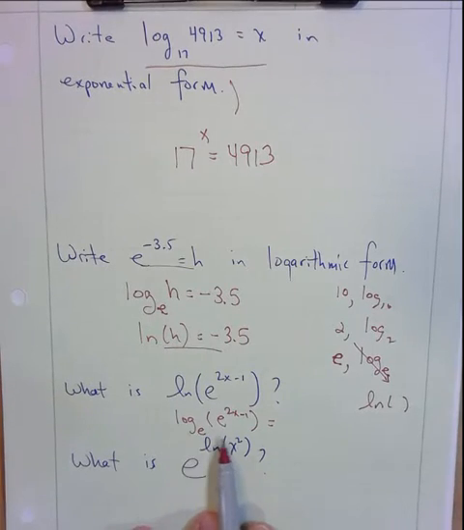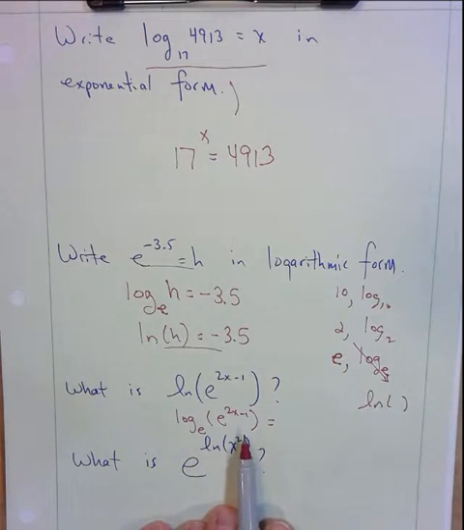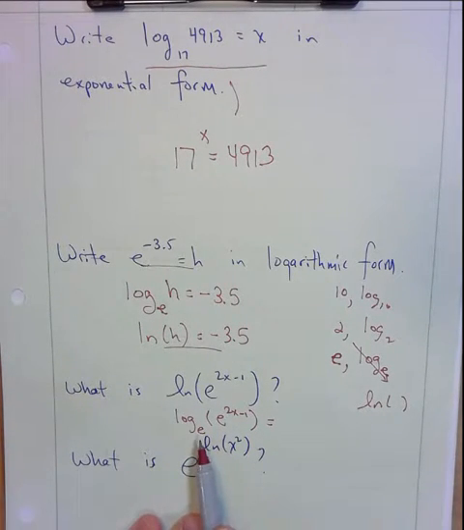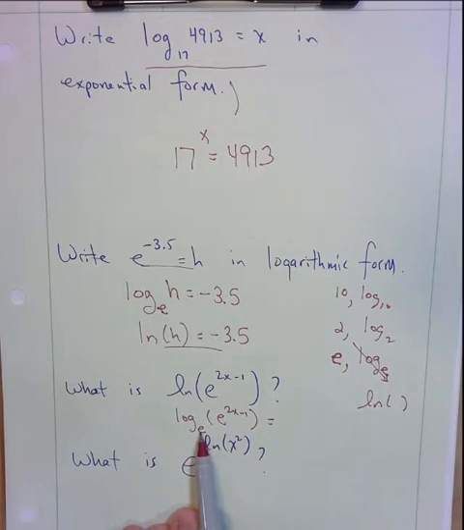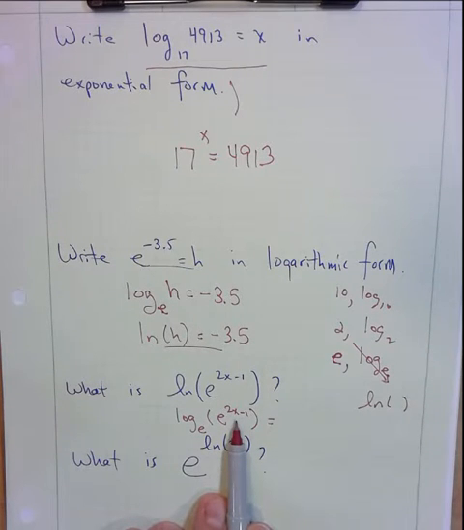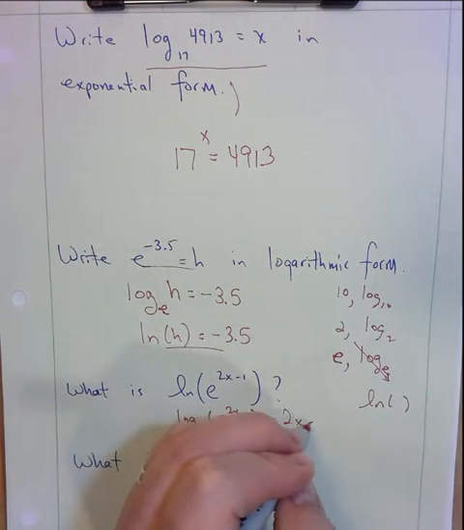Think about what this structure says. It says, hey, we had a base, and that base was e. We threw an exponent on e, and we ended up with e raised to the 2x minus 1. Well, what was the exponent that we put on e to make e to the 2x minus 1? Well, it's so obvious, it's difficult, right? It's actually 2x minus 1.